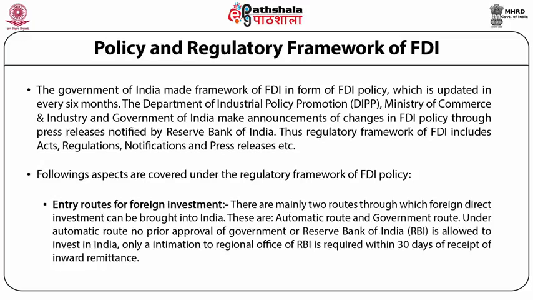But under the government route, approval of the government is required for investing in those activities which are not covered under the automatic route. For this, the application in Form FC-IL is required, and the decision of FIPB is conveyed in 4 to 6 weeks.